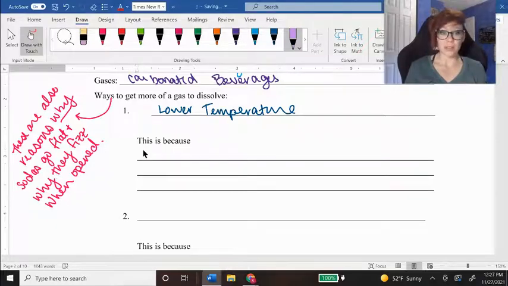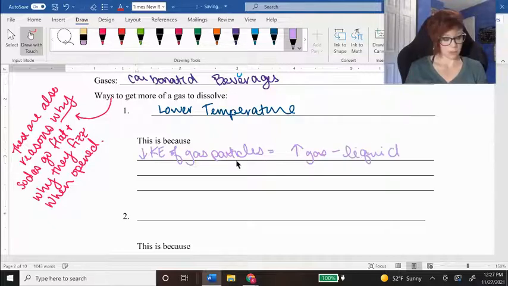So if we decrease our kinetic energy, and this is just of the gas particles, this is going to cause an increase in the gas liquid contact. So again, this is solute solvent contact. The more you have the solute solvent contact, the more you're going to have your solute dissolve in the solution.